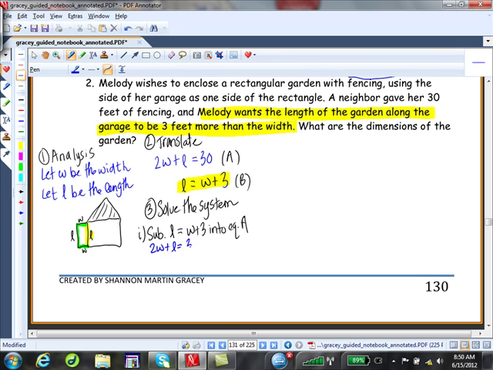So we'll get 2w plus w plus 3, because that's what L is. It's w plus 3. And that's equal to 30. Right? So that gives us 3 w's plus 3 is 30. 3 w's is 27. So w is 9.